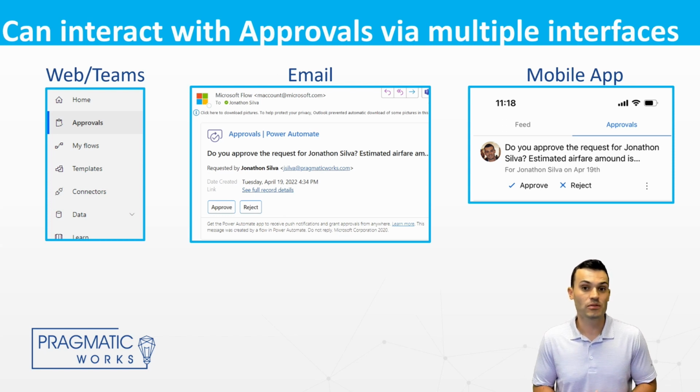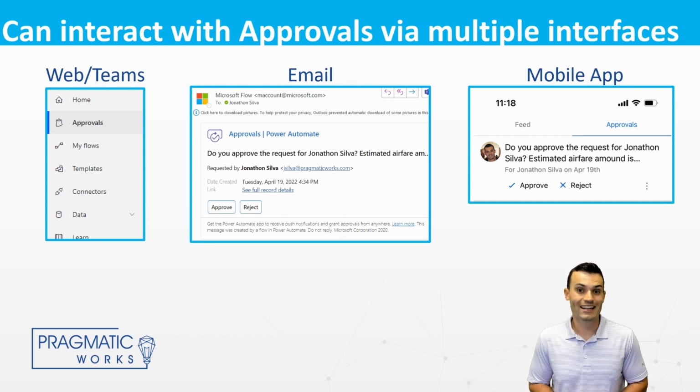We can also do all of that from our email, where it'll pop up as an email that you can approve or reject from inside of that email itself. And even further, we can do it on our mobile application for our cell phones or any other mobile device. As long as you have the Power Automate mobile application, you can approve or reject that proposition within the flow in order to move on to the next step.